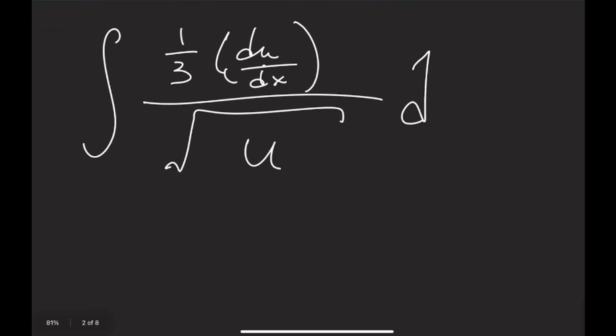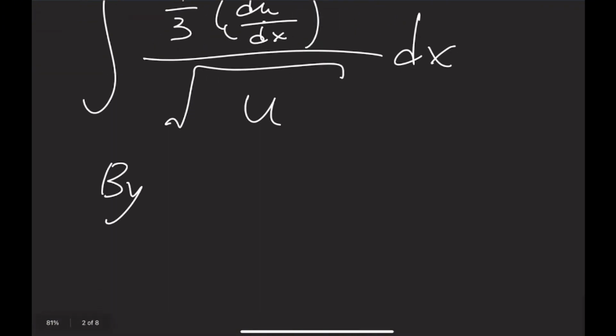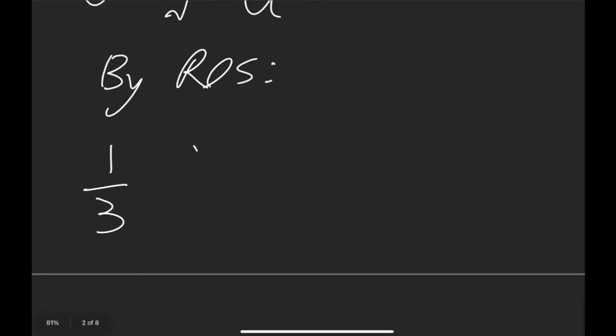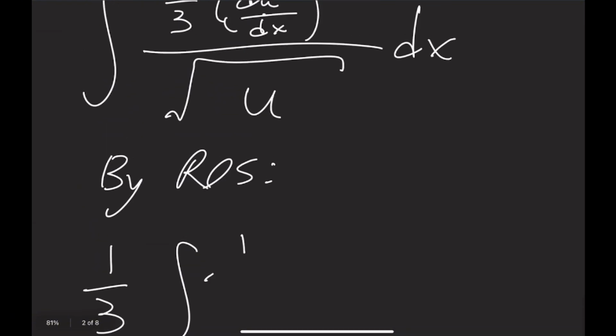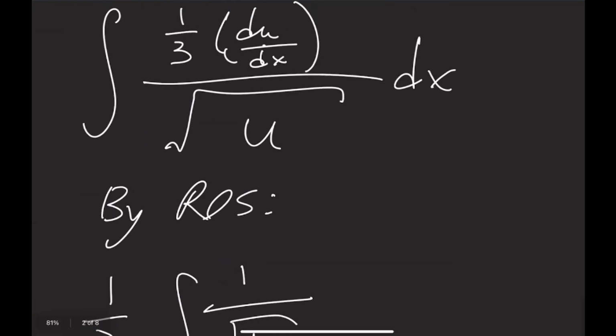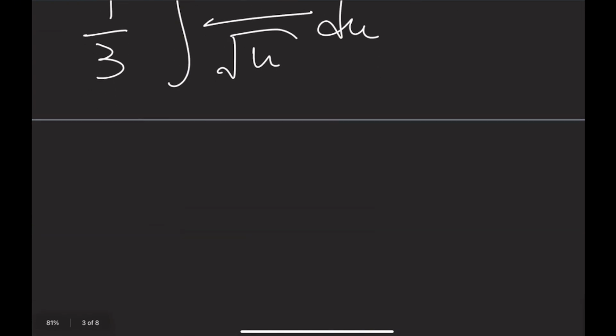As we know, constants can be pulled out. So by the rule of substitution, we say that it's 1/3 integral of 1 over square root of u, and then we put it in terms of du.